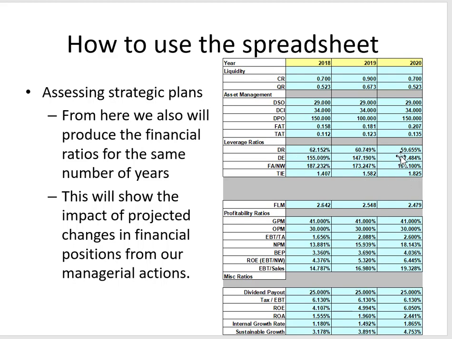Here's the financing mix. Debt ratio goes from 62 down to a little bit less than 60%. The debt equity ratio also declines a little bit. So again, we can see how these changes, these forecasts, can ultimately make changes in the company's performance moving forward.